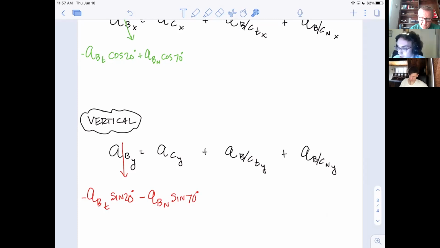two unknowns. And I rewrite the second one, which was negative ABT modified by the sine of 20 minus ABN, which we just figured out was 5.11 modified by the sine of 70 equals 0.